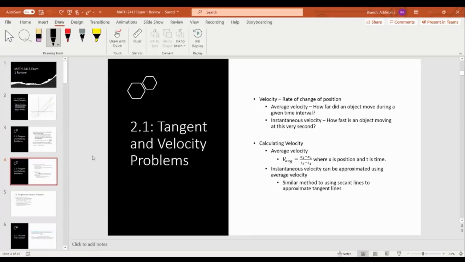So going off of that, let's move into velocity problems. Velocity is the rate of change of a position. So it's essentially how fast you are going from point A to point B. Whenever we're talking about velocity, there's actually two different ways we can talk about it.